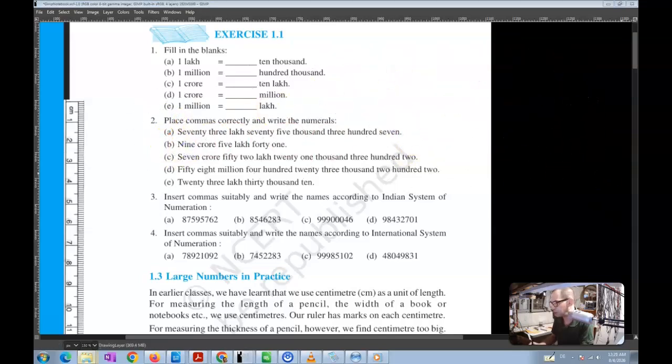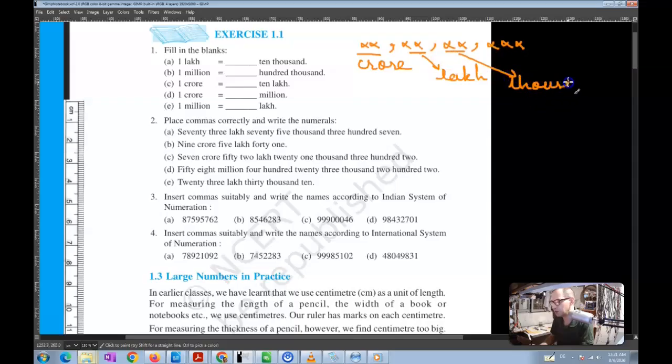Question number 2. So you have the crore, the lakh, the thousand, and then the hundreds, tens and ones. This is the crore, this over here is the lakh part, this is the thousand part, and that's the rest of your number.